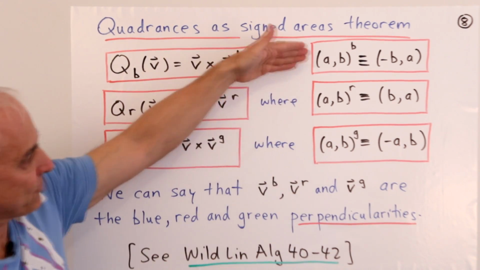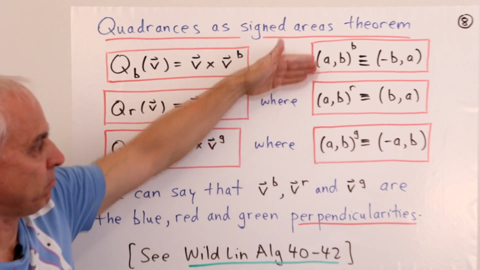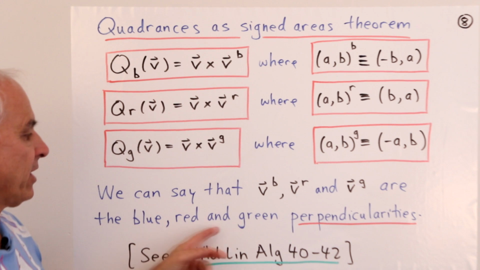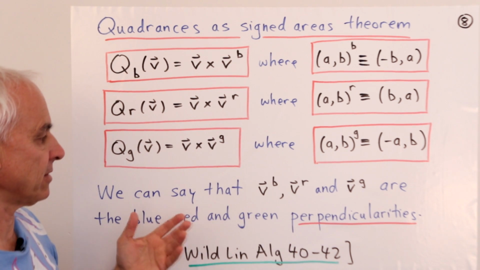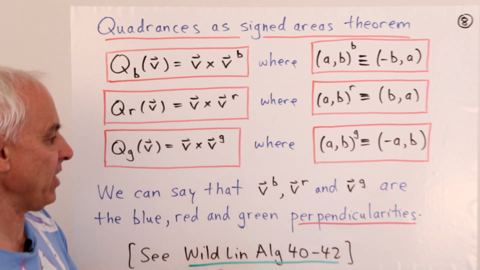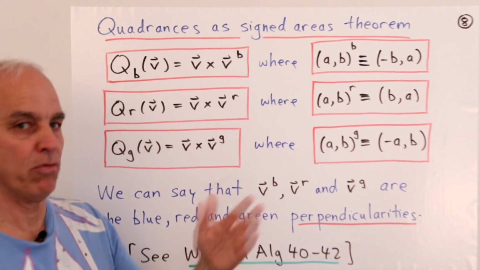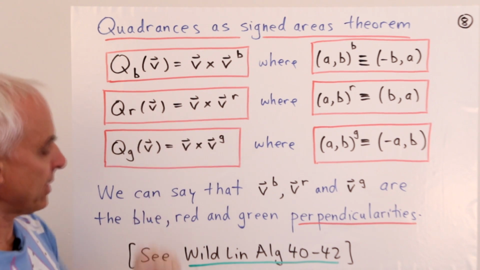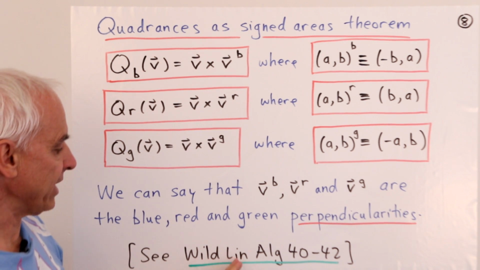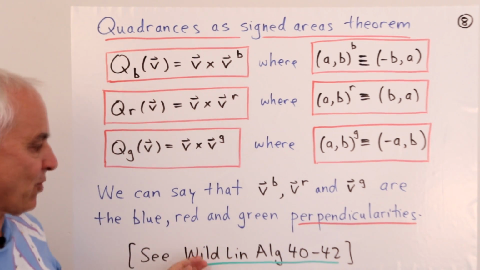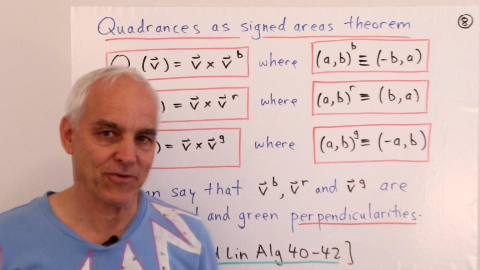And so these are transformations of vectors: blue, red, and green. We might call these the blue, red, and green perpendicularities. That's a name for going from V to V super B. We call that a blue perpendicularity. Okay, so these kinds of things are discussed more in my Wild Linear Algebra 40 to 42 series, and so you might want to have a look at those.